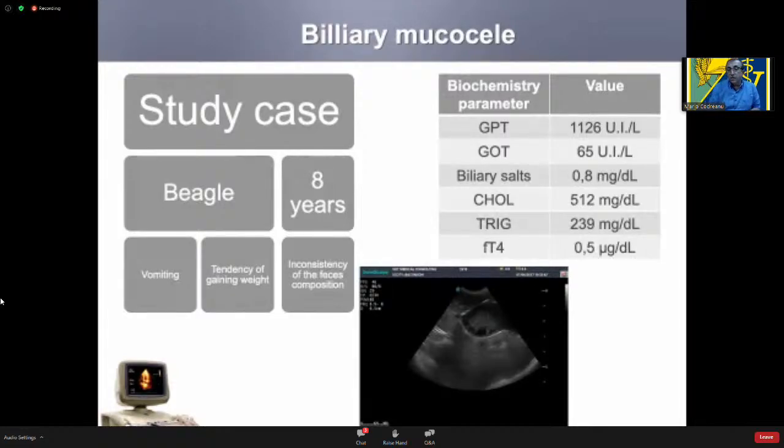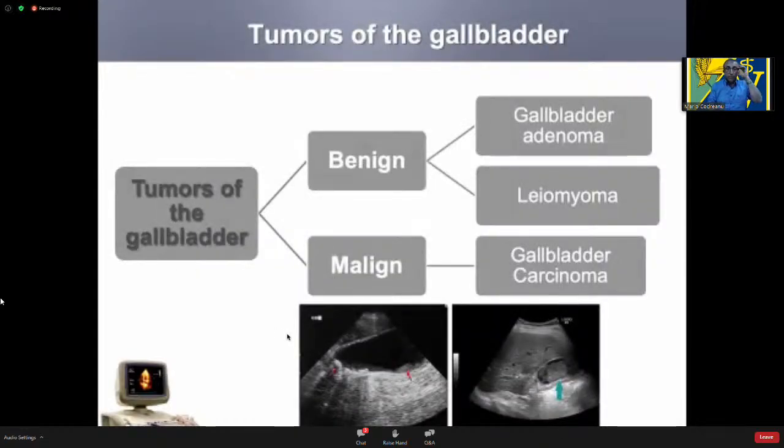In our case, more than 500 milligrams. Of course, triglycerides were elevated and so on. But the clinical expression was dominated by vomiting syndrome, a tendency of gaining weight, and inconsistency of feces composition.